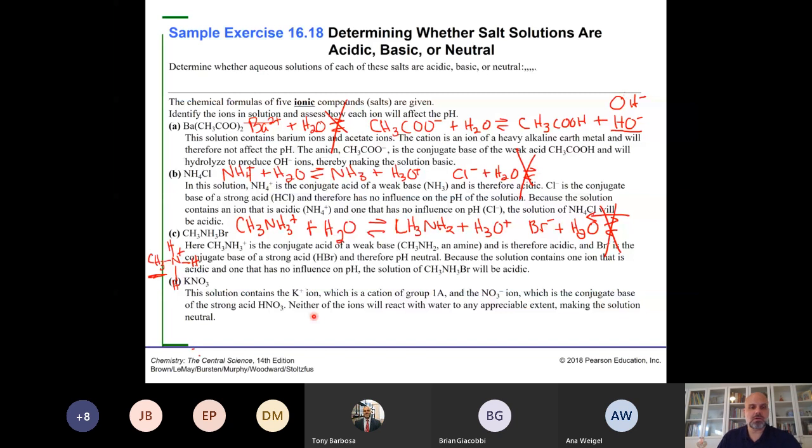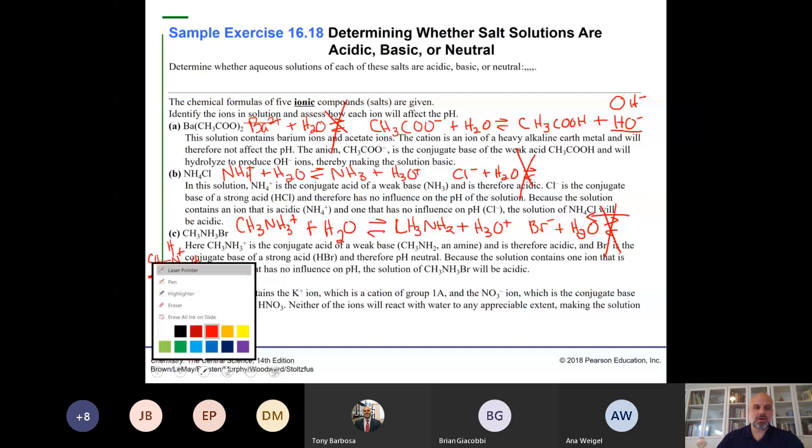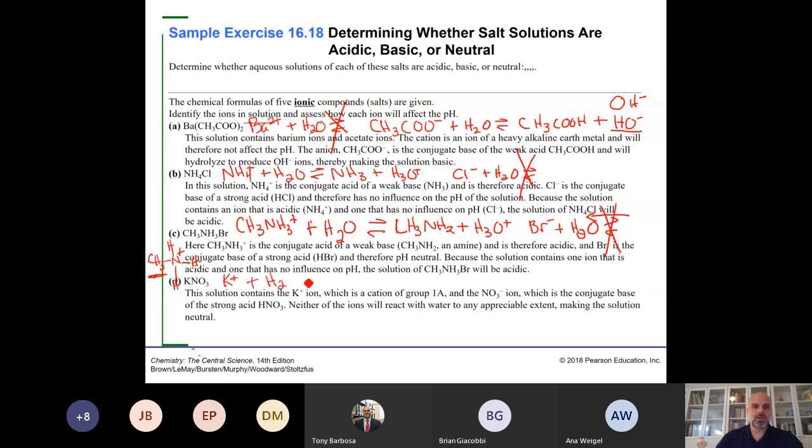If we draw out, again, the individual steps here for understanding, we have our potassium ion. We try to react that with water, and we're going to say, is there a reaction that will occur? And the answer again here is no, it will not occur, because you'd have to form potassium hydroxide and a proton source in acid, which obviously would lie completely to the left-hand side. And the same thing here with the nitrate ion.